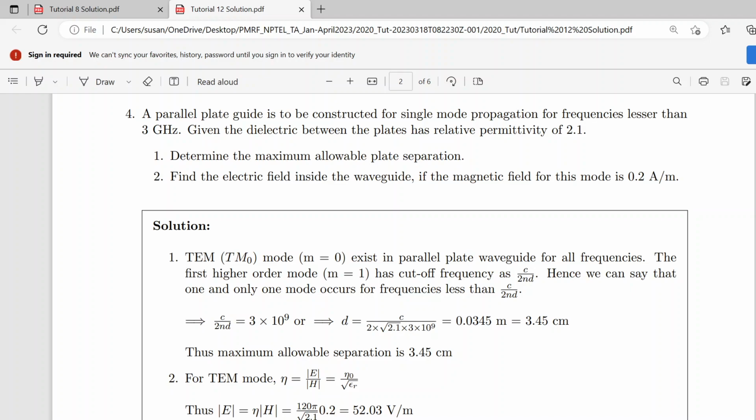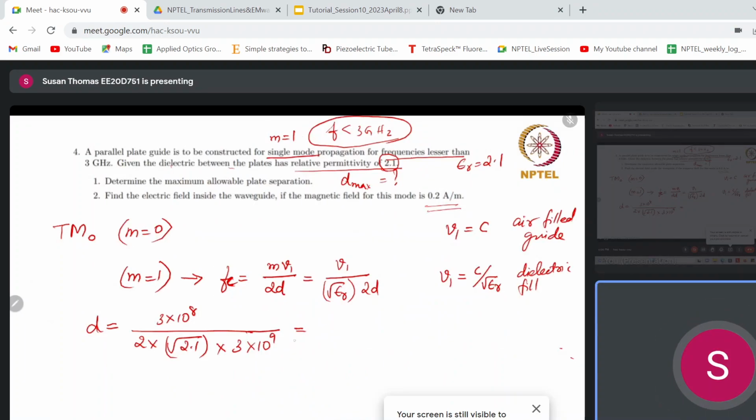Fc has to be taken as 3 gigahertz, so 3 into 10 power 9. For single mode propagation, what is the maximum allowable separation? Once you solve this, you will get it.